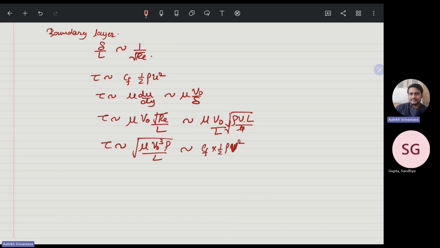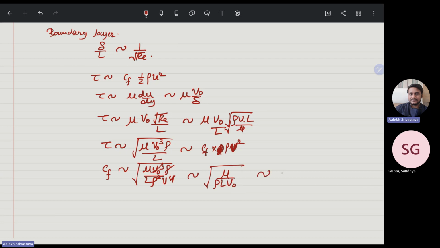So what it means is, we will drop the half term. Okay, the half term will go away, and Cf is, if you write it, rho is here and here is square root of rho, so it will go at the bottom. So rho V0 rho by L into rho square into V raised to the power 4, because it is square, so it will go here with the power 4. If you simply substitute, this rho will go away, this V will go away, and it will again be mu by rho L V0.